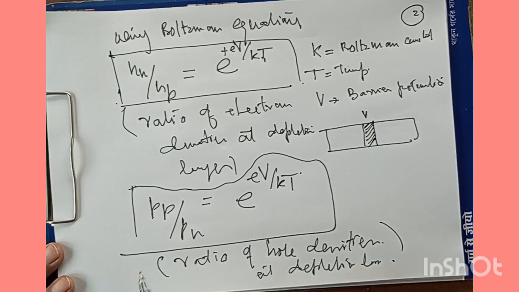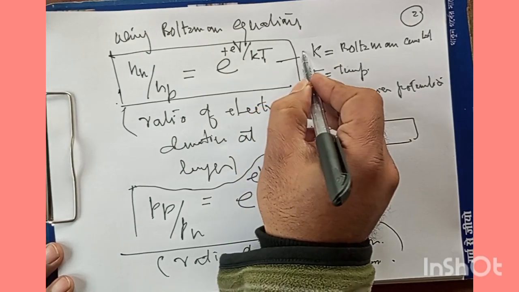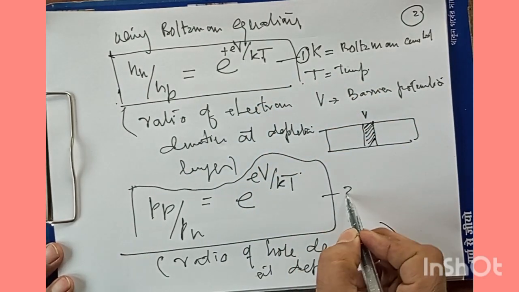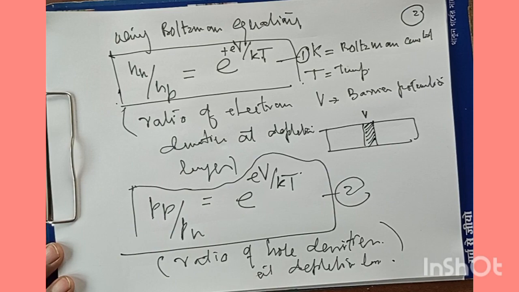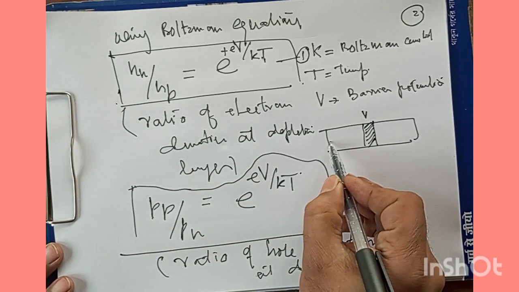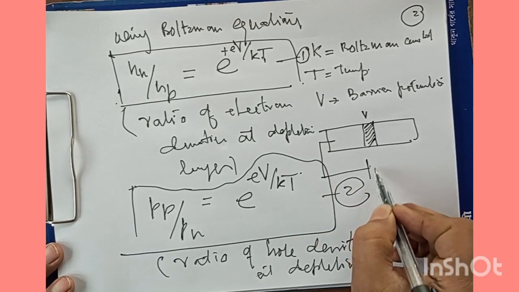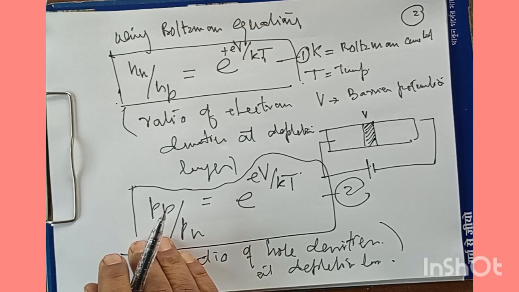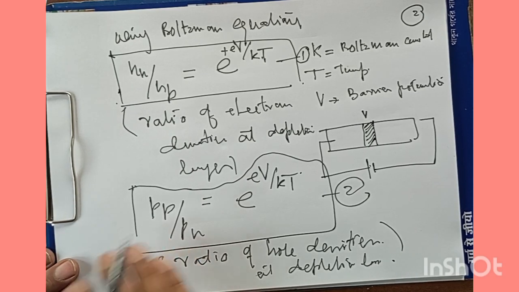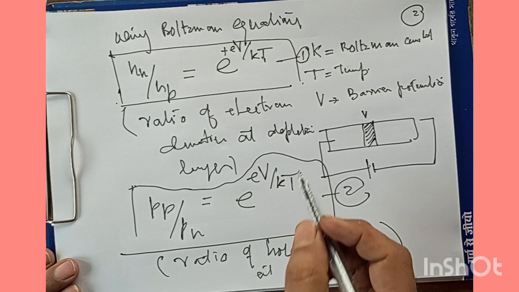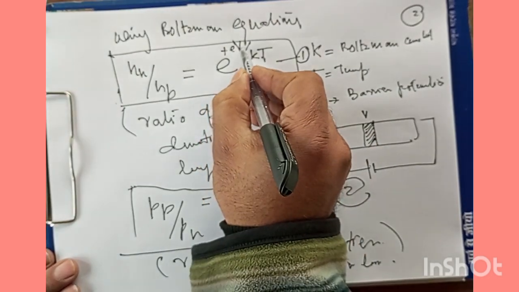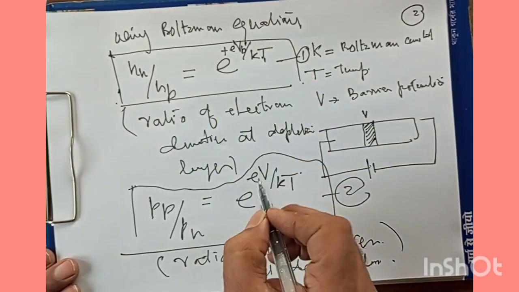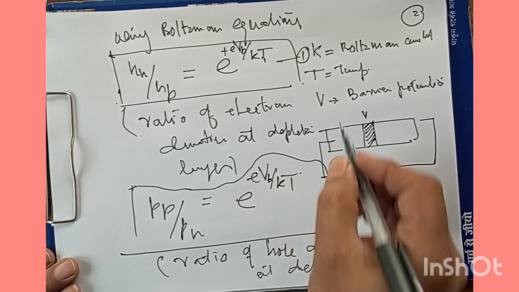If I call this equation 1 and this equation 2, these equations are known as Boltzmann's equations. Now, when we apply a potential difference across this p-n junction, in order to differentiate that potential, I should use a different notation here. I will use VB; VB refers to the barrier potential.